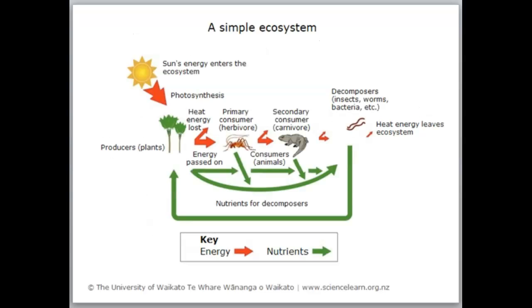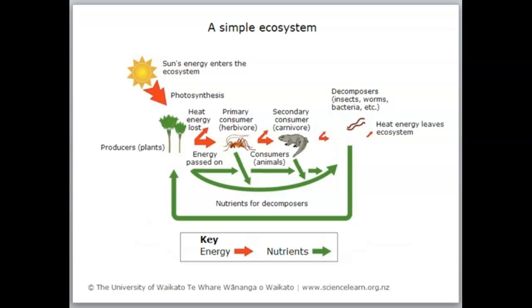The diagram shows a simple ecosystem, and so we see the sun's energy being applicable to the ecosystem, where it enables the producer plants to photosynthesize, and by doing that they produce glucose, which is very useful for the consumers as a form of food.